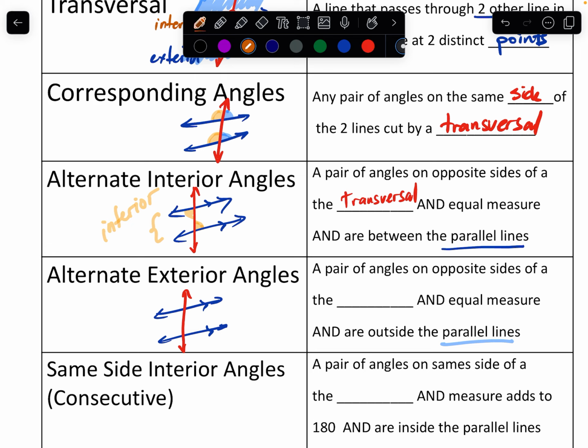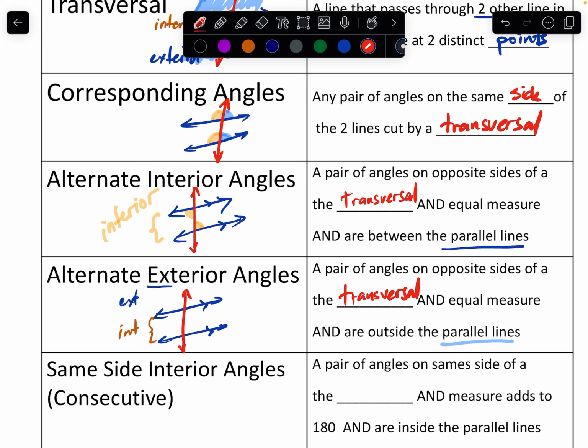So if inside of this is the interior, this area right here is the exterior. Okay, exterior. So a pair of angles on opposite sides of the transversal again.